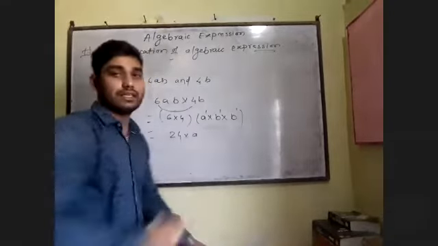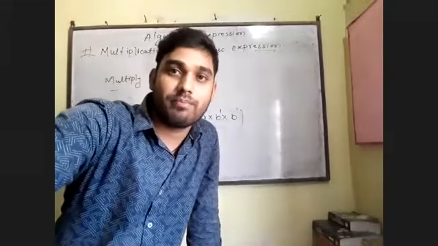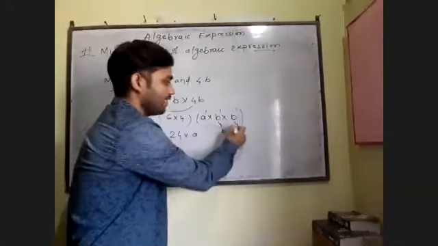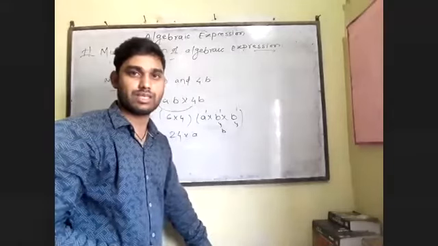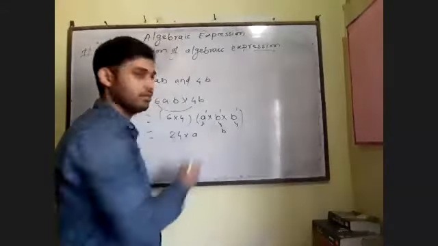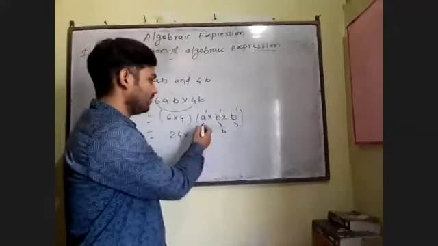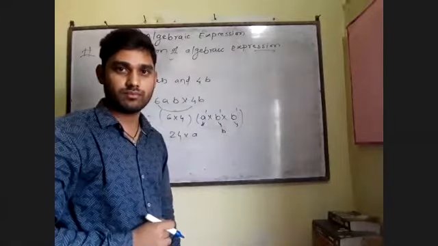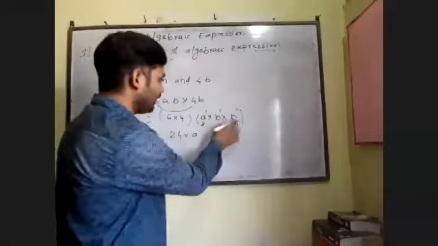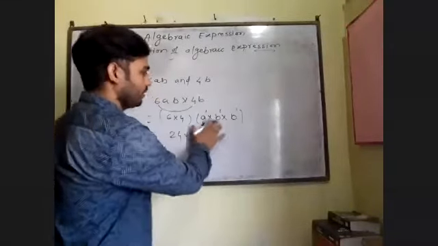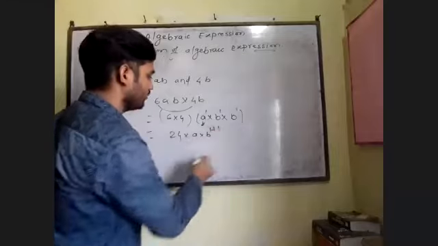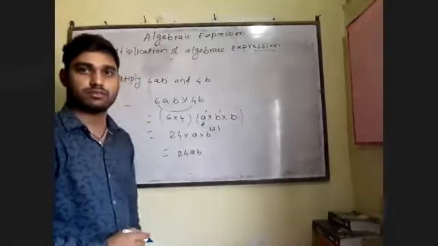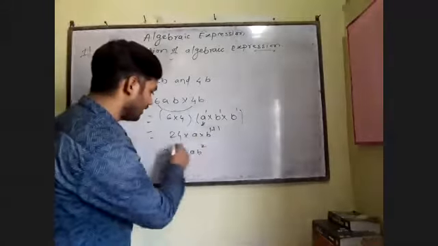The base must be the same. Here the base is b, and the other is also b, but a is different, so we can't add it. Only these two are equal, so we write b to the power 1 plus 1, that is 2. So 24ab squared is your required answer.